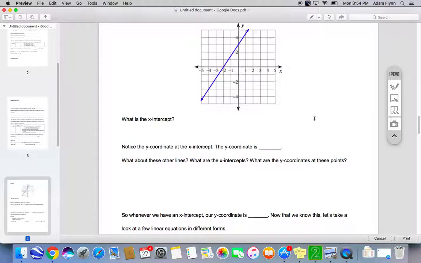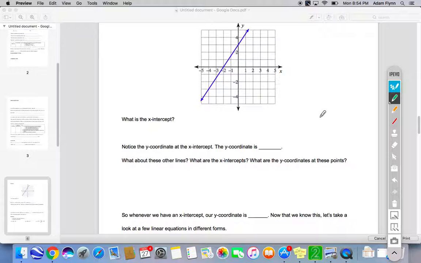Okay, so let's take a look at this example right here. We're looking for the x-intercept, so we're looking for the point where our line crosses the x-axis. So first off, this horizontal number line is our x-axis. So we want to find the point where this line crosses this x-axis.